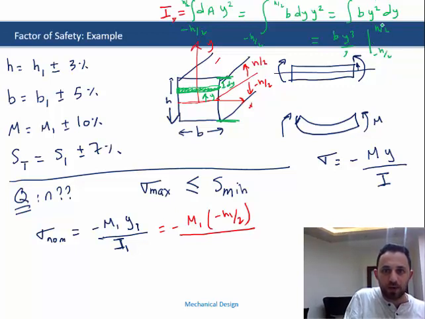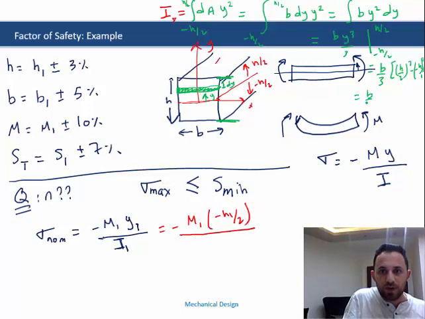We substitute y by h over 2 and then minus h over 2, which is equal to b over 3 times h over 2 to the power 3 minus minus h over 2 to the power 3, so b over 3 times h cubed over 8 plus h cubed over 8.